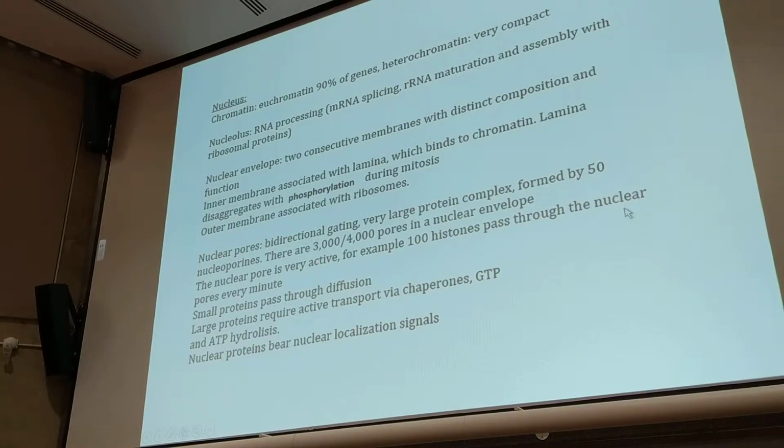So, recapitulating the nucleus. There is the DNA in the form of chromatin. The euchromatin, 90% of the genes are, for the most part, active. Okay? It all depends on the cell type and the stage at which the cell is.